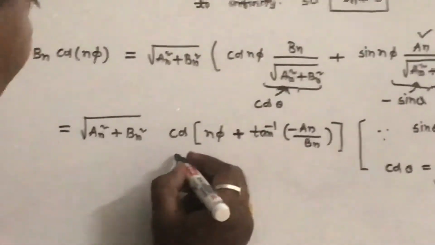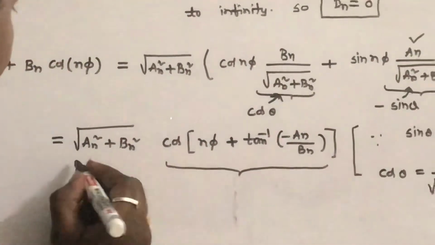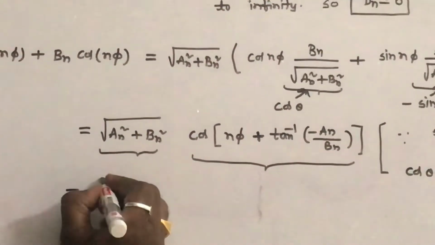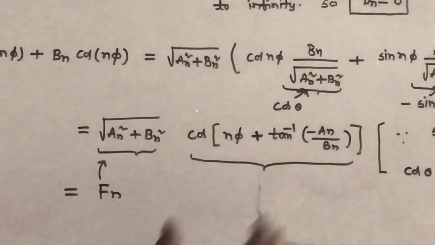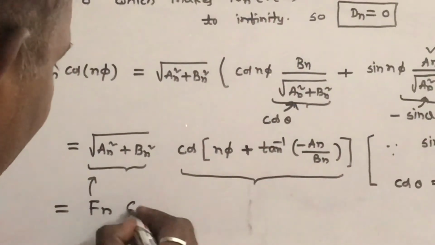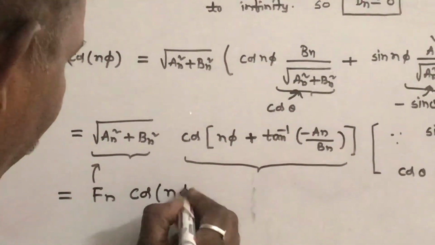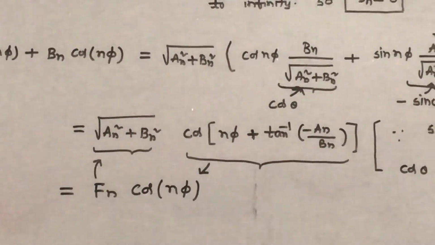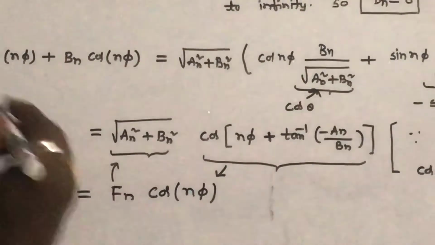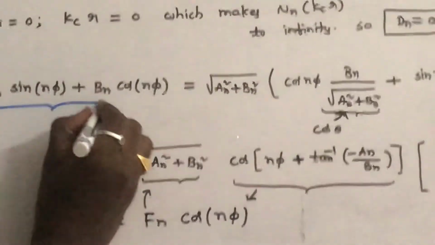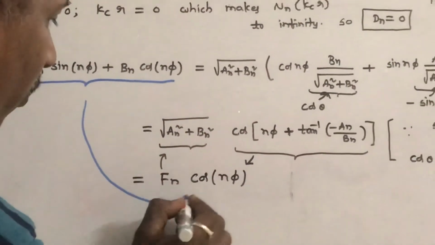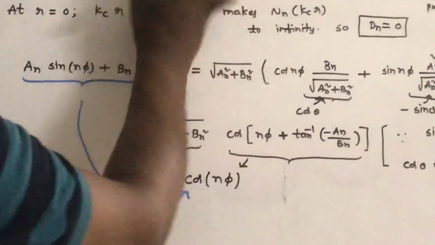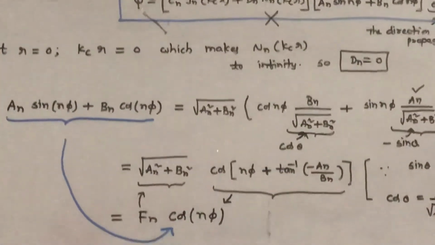Finally, we can write this term as fn, where fn is equal to square root of an square plus bn square, into cos n phi. Now substitute this term in the generalized solution of Helmholtz equation.